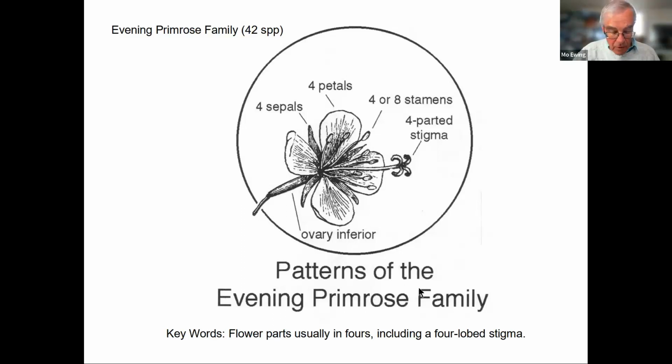You're going to run into that occasionally. 4 to 8 stamens, equal to or twice as many stamens as petals, an inferior ovary. So the petals and the stamens come out here and the ovary is underneath. But the thing that really is classic is a four-parted stigma. The stigma comes out and it has four little separate parts on it.